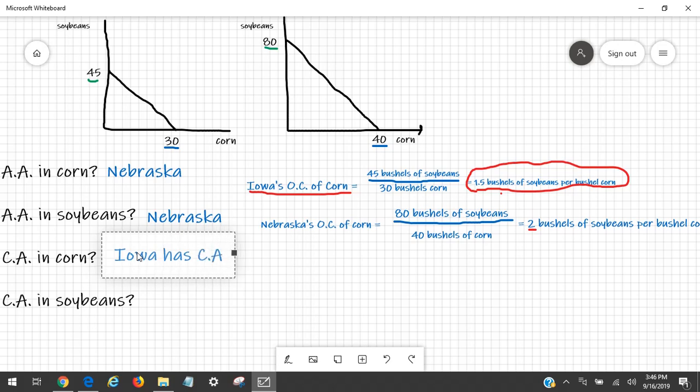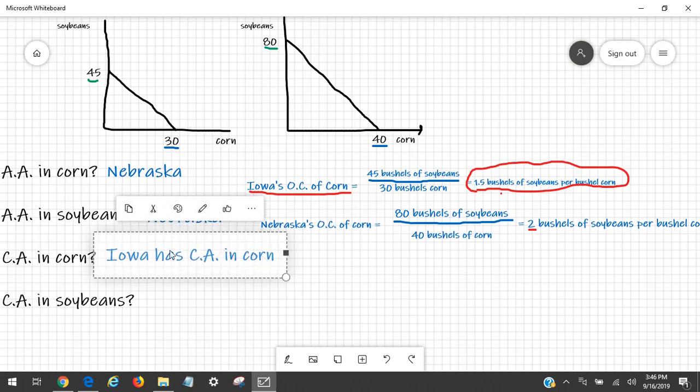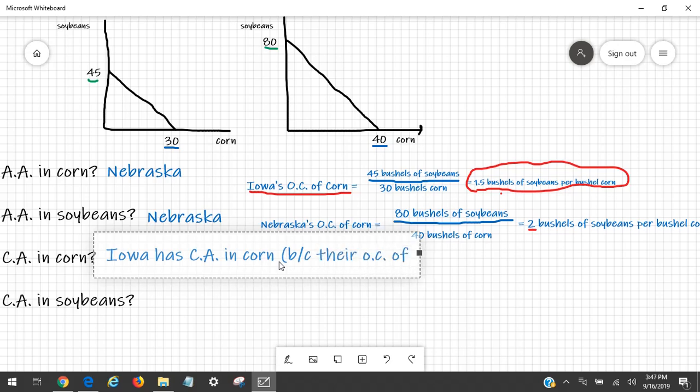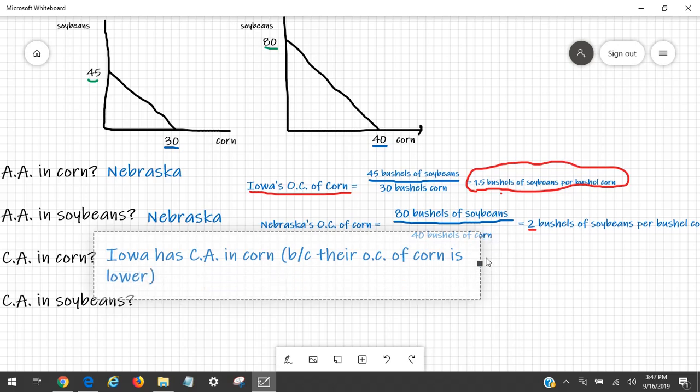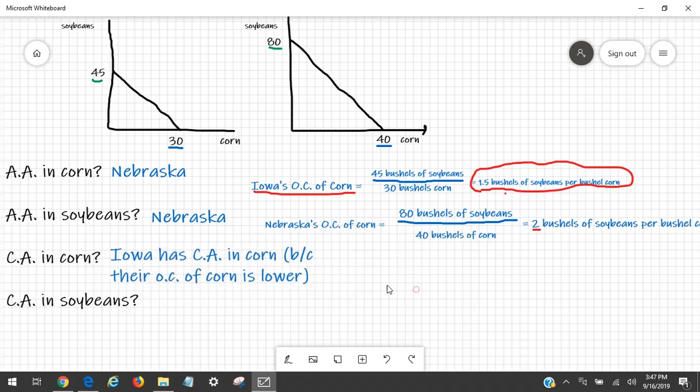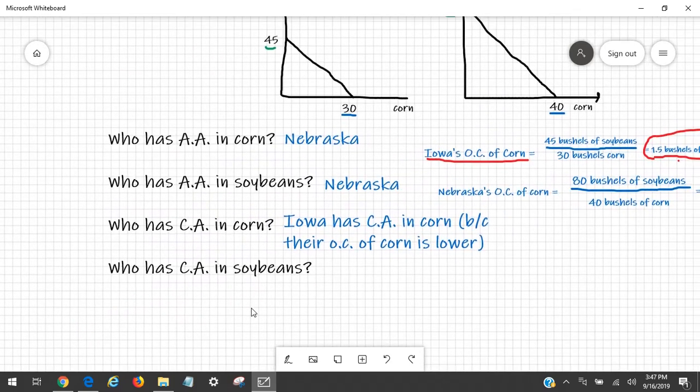Iowa has the comparative advantage in corn, and I'll just make a note because their opportunity cost of corn is lower than Nebraska's.